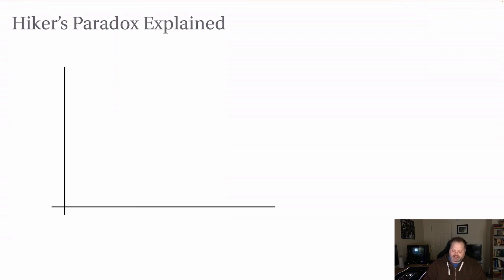So let's let the axis along the bottom be time in hours. And we'll go all the way up to 6 p.m., which would be t equal to 12. And we're starting each day at time 0, which would be 6 a.m. Now, let's suppose that on the way up, this is our base camp.